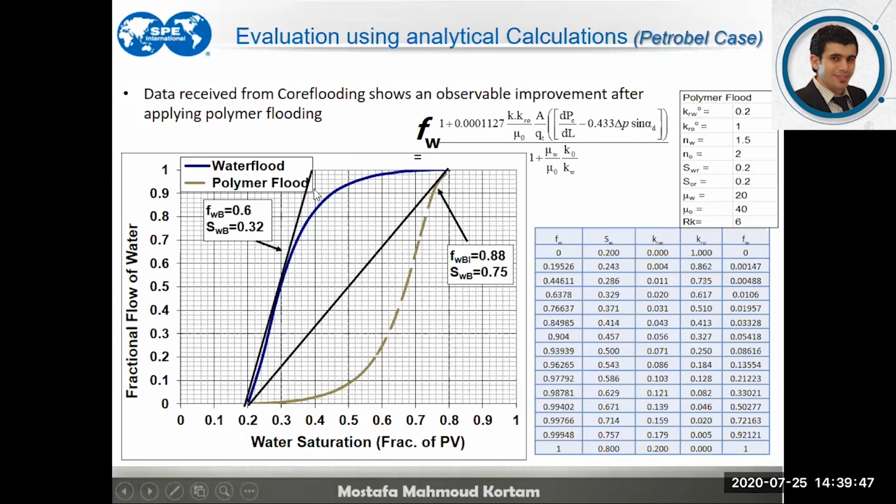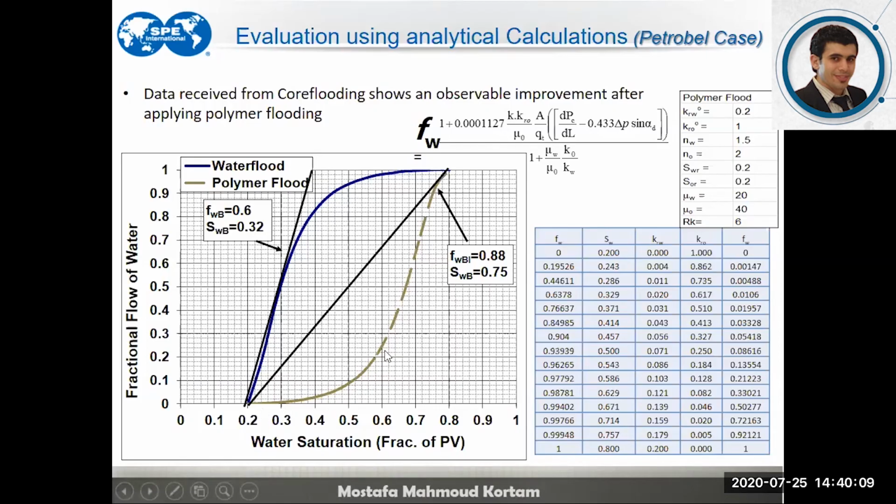It's the same; it validates the same values and results also obtained from the Craig-Geffen-Morse. So all the results and the inspection are aligned, and that strengthens the confidence and certainty of the fields that you are dealing with.